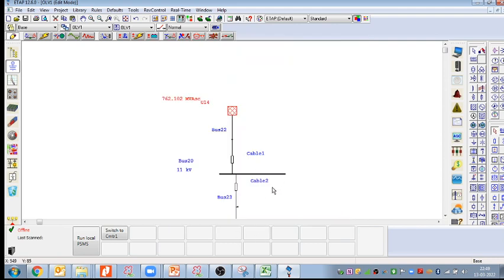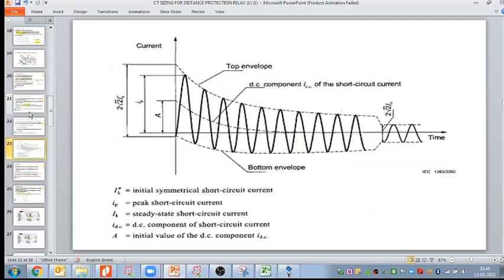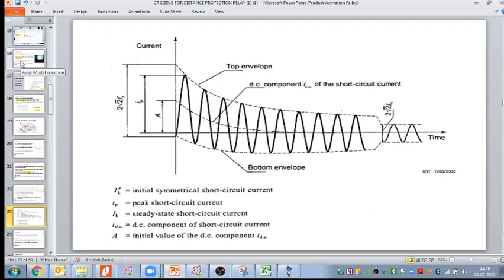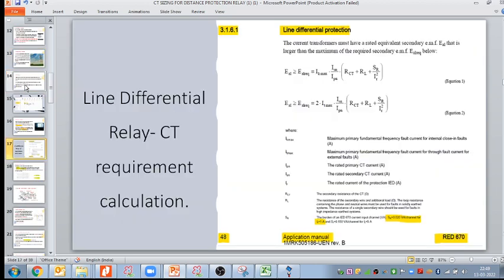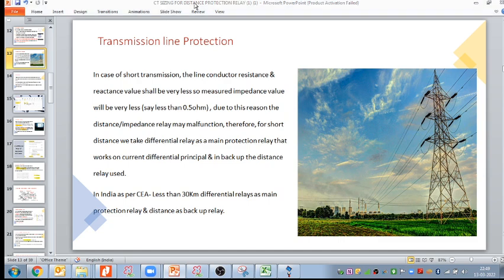We also discussed the nature of fault current, then the CT requirement, the relay models, and those types of protections. Yes, I think that is important, because CT and VT sizing is one of the important tasks that needs to be done.